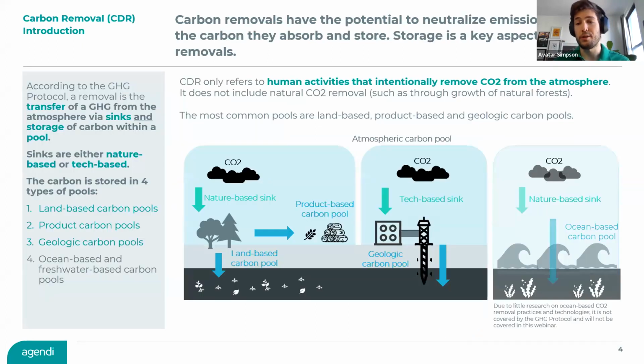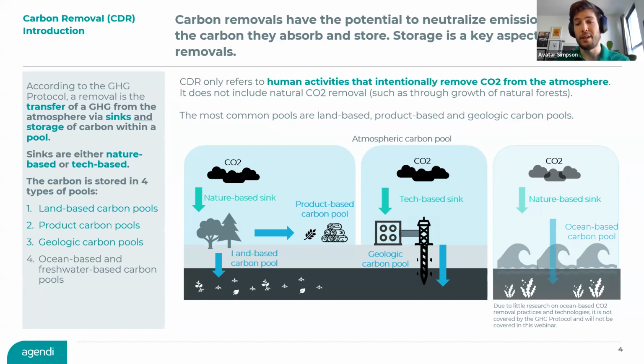The GHG protocol also has two main aspects that they use to define carbon removal credits. The first is the actual removal of the carbon from the atmosphere through what are called sinks. So these sinks include the direct air capture machine, plants and trees through reforestation efforts, and they are what absorb the carbon.